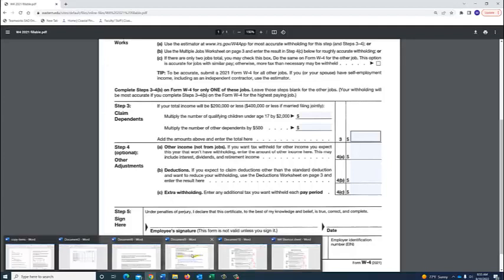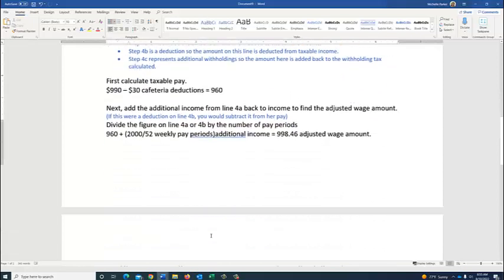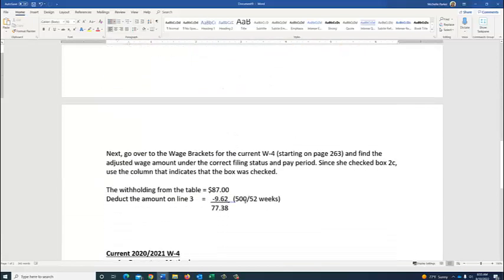So we are going to take that 500 and divide it by 52, just like we did the additional income. So 500 divided by 52 weeks is $9.62 per pay period in tax credits. So that's going to reduce her weekly withholding down to $77.38. You will treat the adjustments to the taxes and to the income the same way with the percentage method.